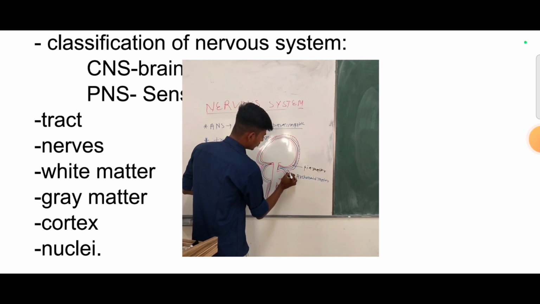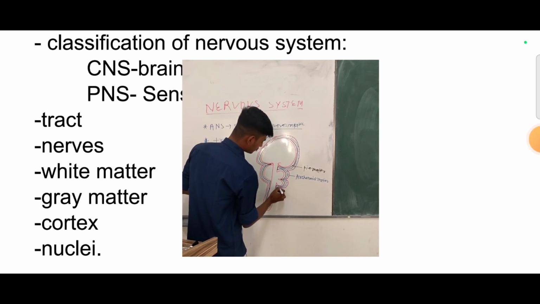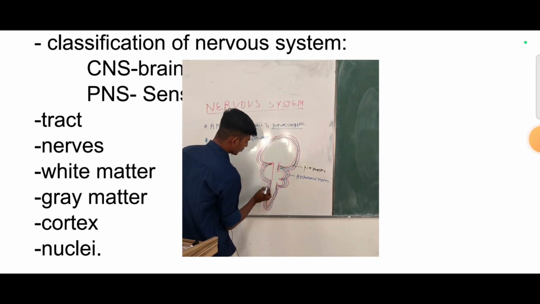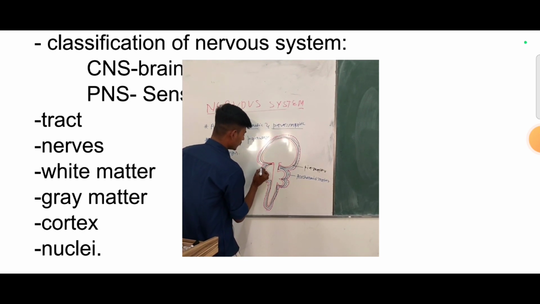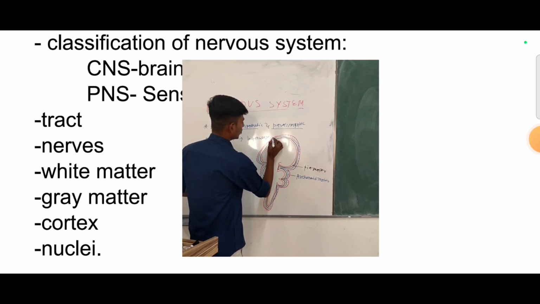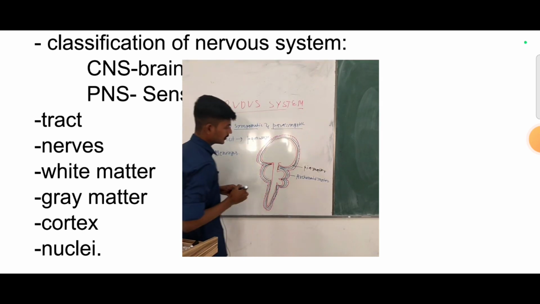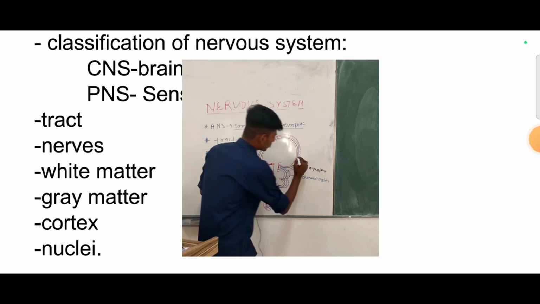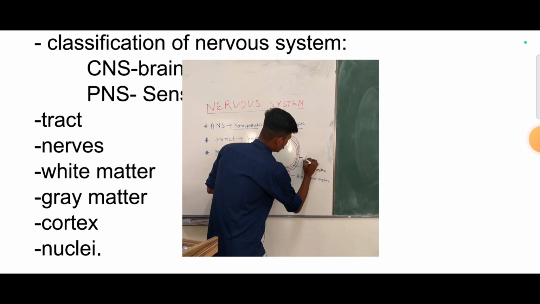It's tough and also double layered. It's a bilayer meninges. What's its name? Its name is the dura mater.